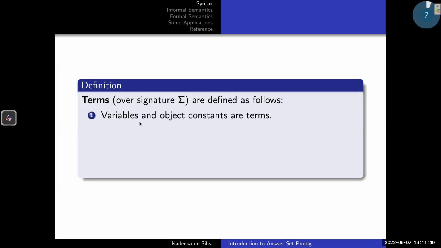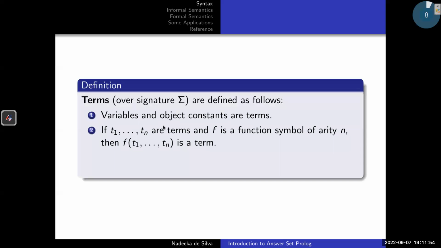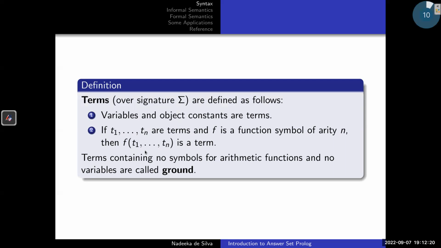Variables and object constants are terms, and if t1 to tn are terms, by passing these terms as parameters to a function, we get a new term. Terms containing no symbols for arithmetic functions and no variables are called ground terms.